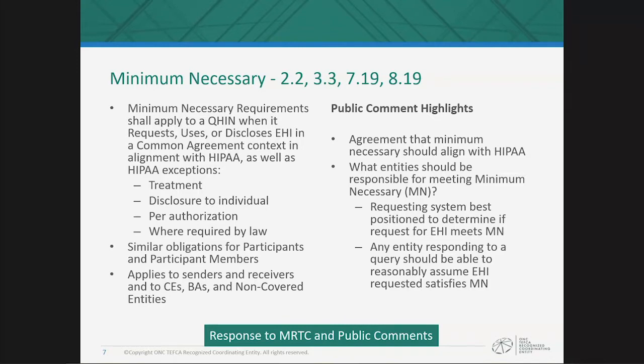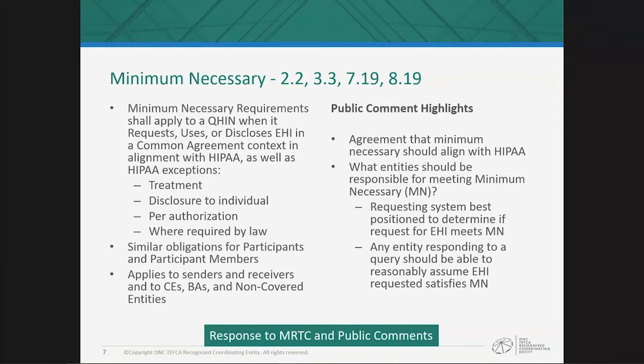The MRTCs adopt the minimum necessary requirements contained in HIPAA. They say that the QHIN, when it's requesting, using, or disclosing EHI, has to align with HIPAA. The MRTCs also respect the HIPAA carve out for minimum necessary for treatment, as I talked about, but also for disclosures to an individual.